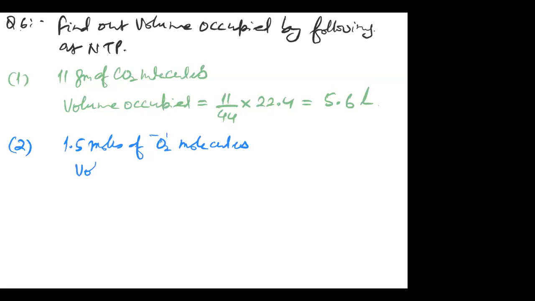In this case, the volume occupied is 1.5 multiplied by 22.4 liter, since 22.4 liter is the volume occupied by 1 mole. So 1.5 into 22.4 comes out to be 33.6 liter. This is the volume occupied by oxygen gas.